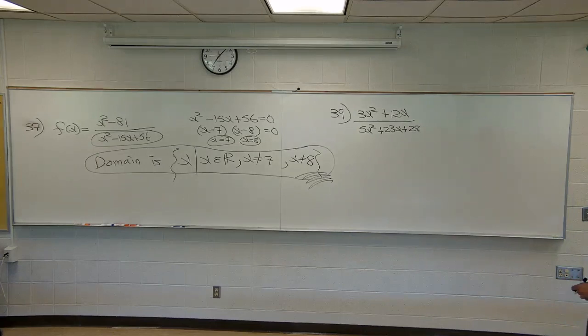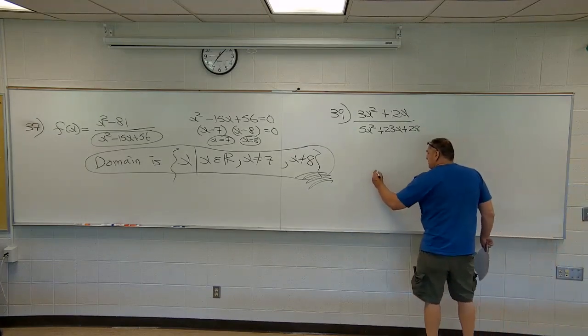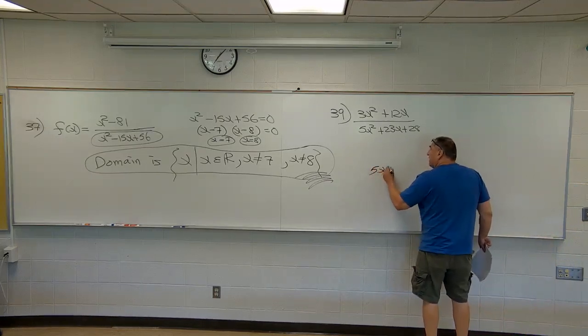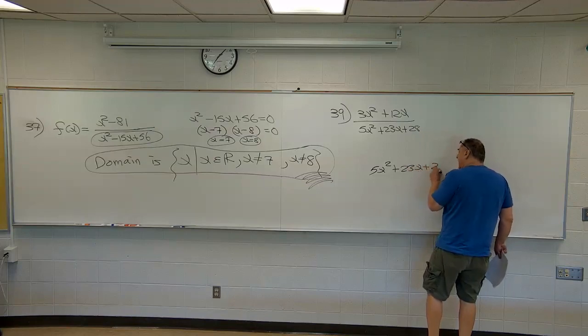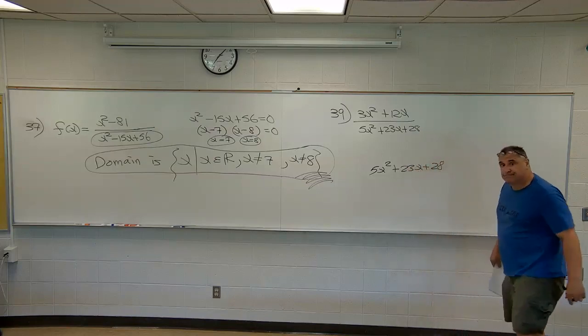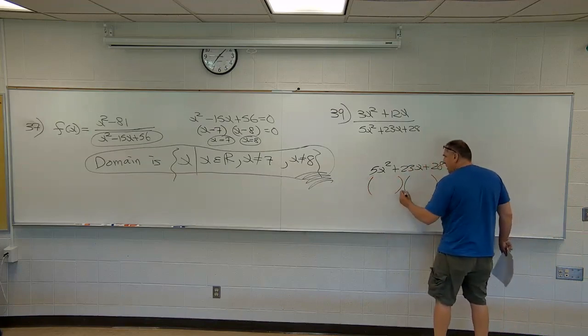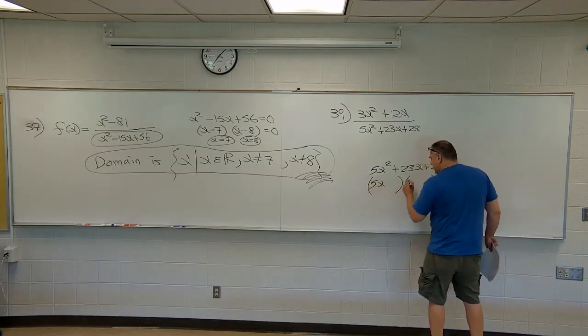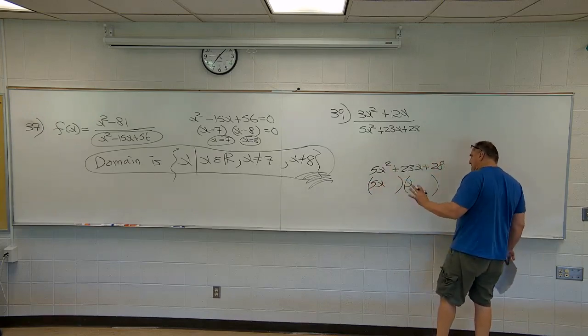Let me factor out as much as I can and see what I can say. This 5x squared plus 23x, I wonder if I could break this thing up. Let me see if I can do a factorization here. How about 5 times x? 5 times x times x is 5x squared. Good for me.